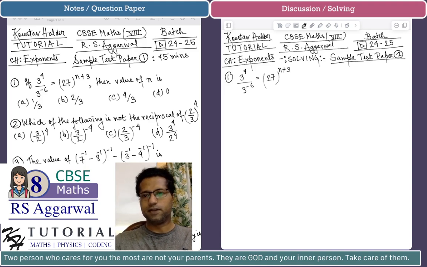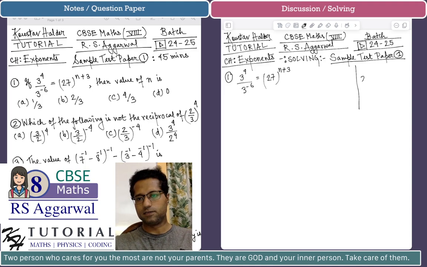Now the general strategy of solving this kind of equation for n, sometimes it will be x, is to simplify both the left hand side and the right hand side in exponential form so that both sides have the same base.